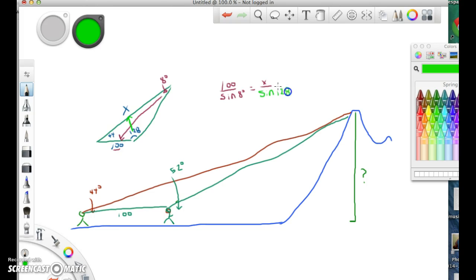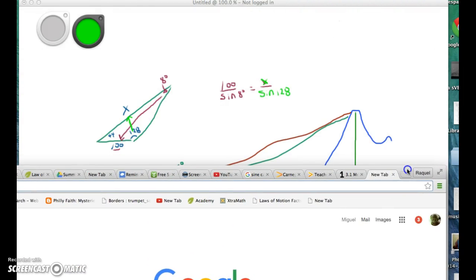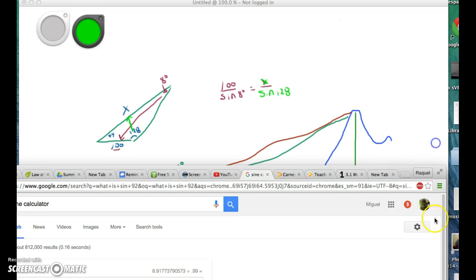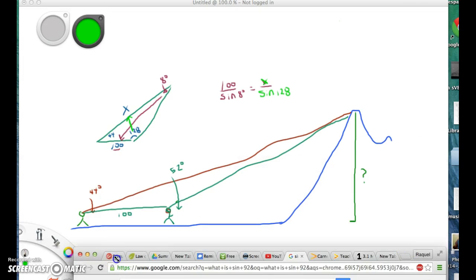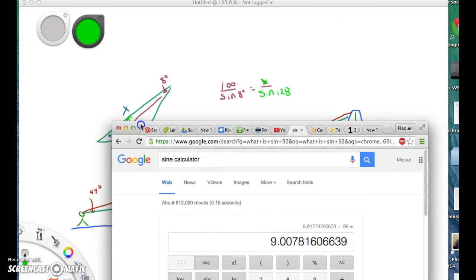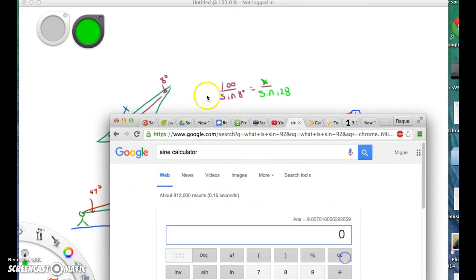Okay. I want this to be green because these are the ones that match the green. Alright, so then we use our calculator. Let me see if I can pull up my calculator again. So I'm going to put 100 times sine of 128 divided by sine of 8.